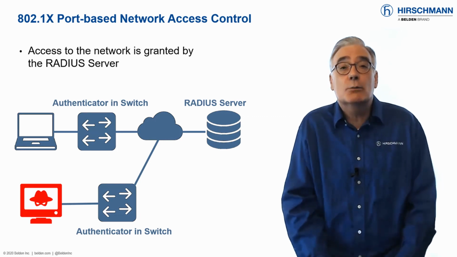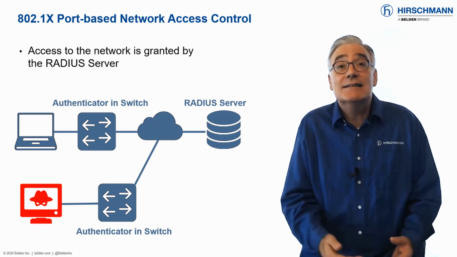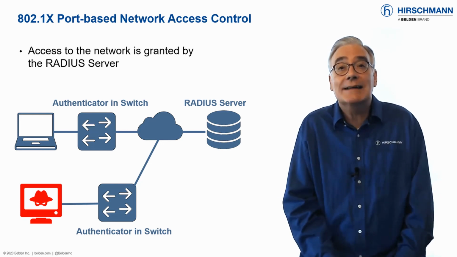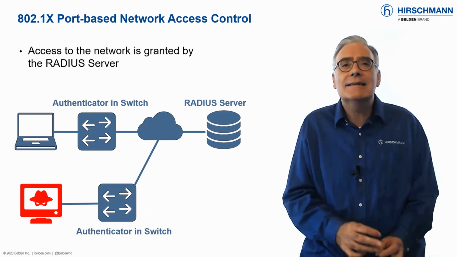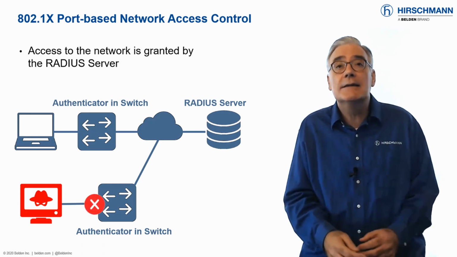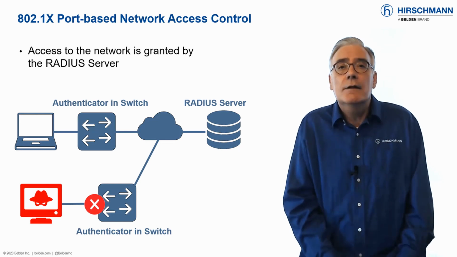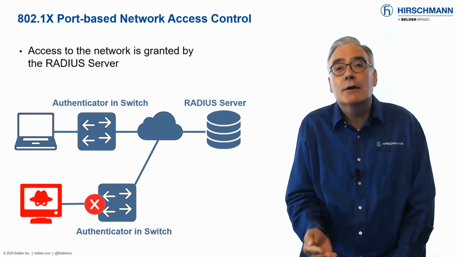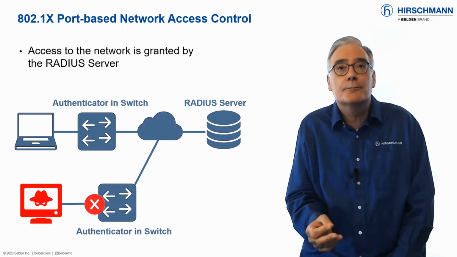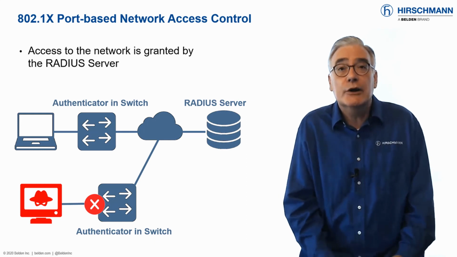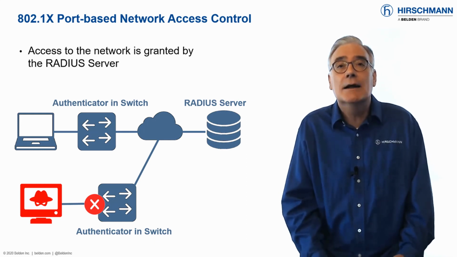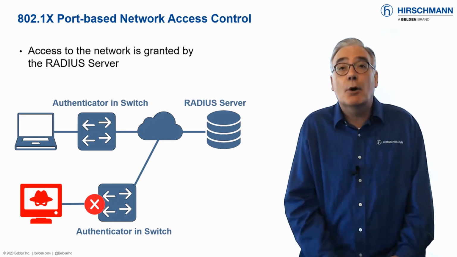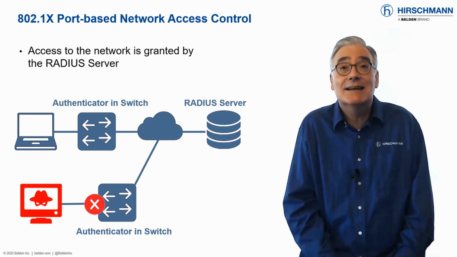The switch checks with an authentication server, such as a RADIUS server, whether the PC is allowed to connect to the network. The client is then allowed or denied network access. The client could also be assigned to a specific VLAN, for example a guest VLAN. Network access control using 802.1x is commonly used in IT networks today, and its deployment in OT networks is increasing.